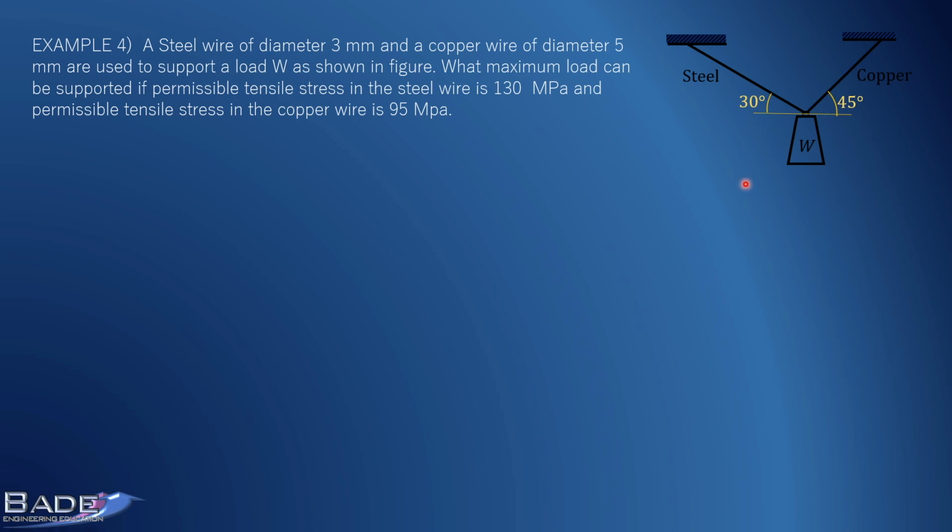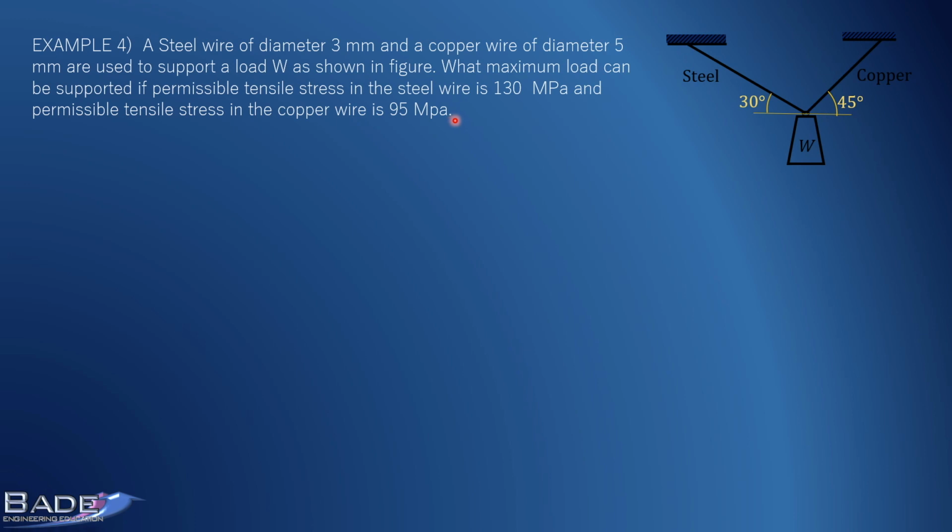Now try to understand. To find the safe load here, there are two conditions. Listen to me very carefully. Which are the two conditions? Stress in steel wire must not exceed 130 megapascal and stress in copper wire must not exceed 95 megapascal.